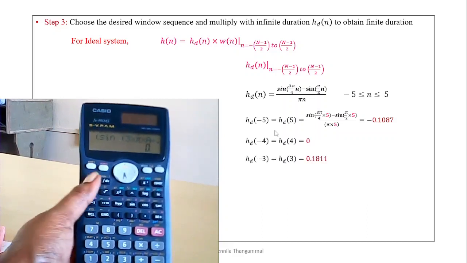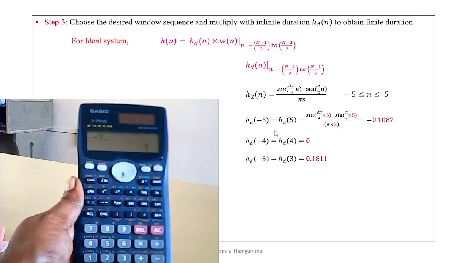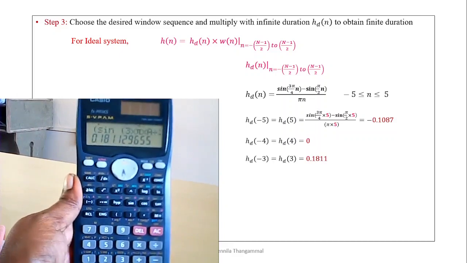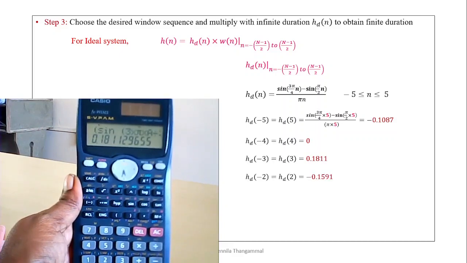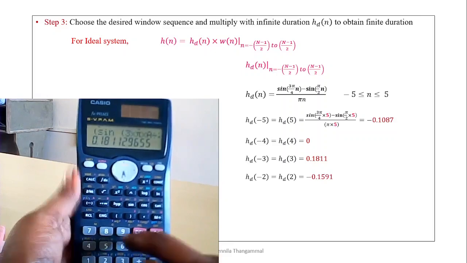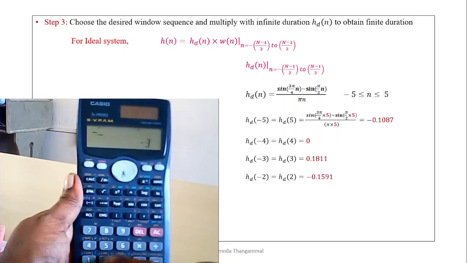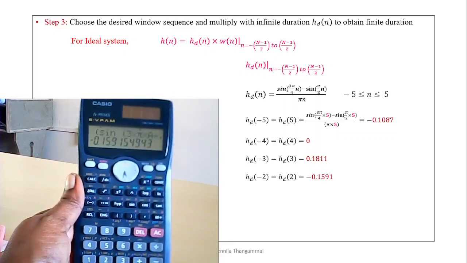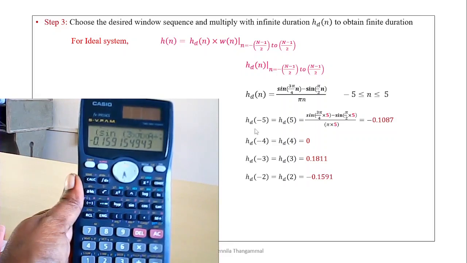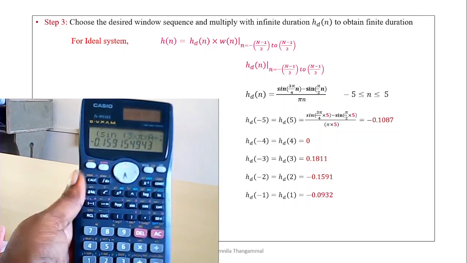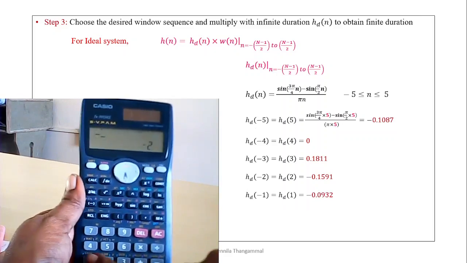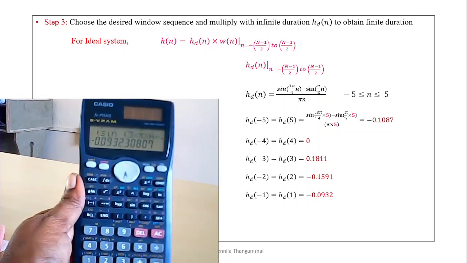Then calculate minus 3 equal to, the value is 0.1811. Then calculate minus 2 equal to, the value is going to be minus 0.1591. Next, calculate for minus 1, and the value is going to be minus 0.0932.